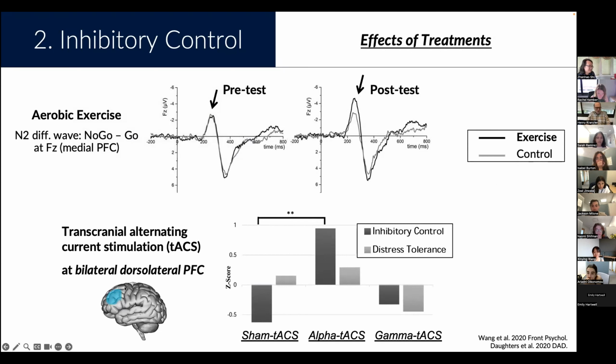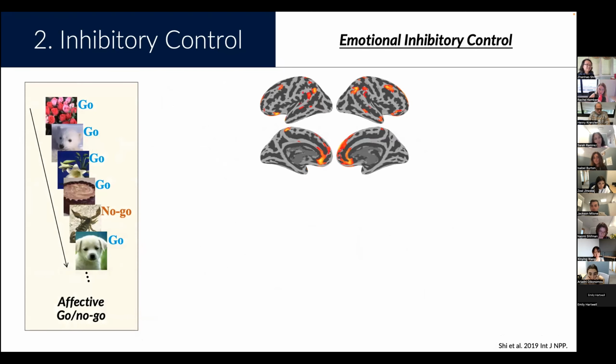If you stimulate the dorsolateral prefrontal cortex, they found that it can improve inhibitory control behavioral performance on the task, which means that this is probably an important region in this population in terms of inhibitory control.